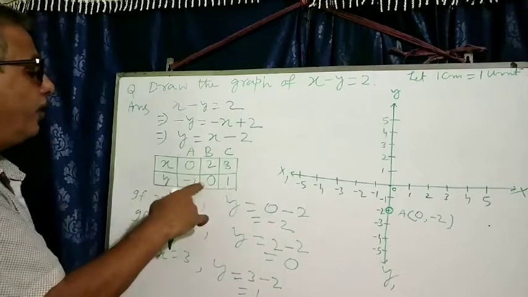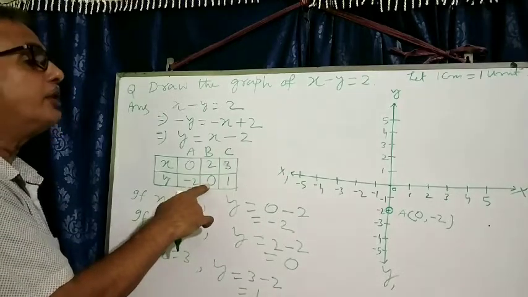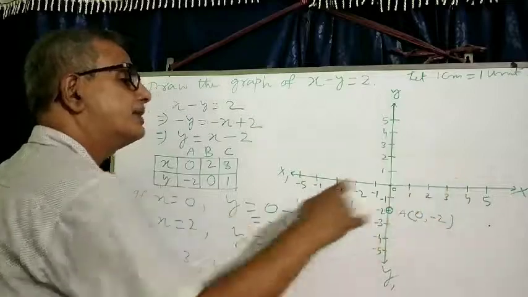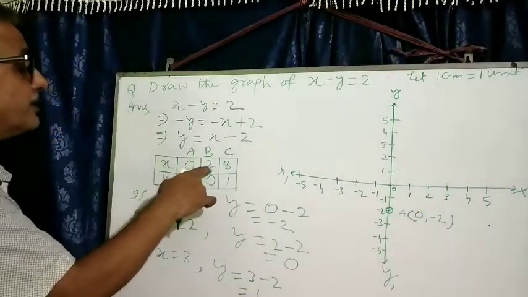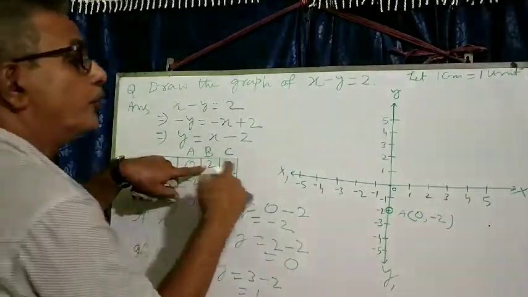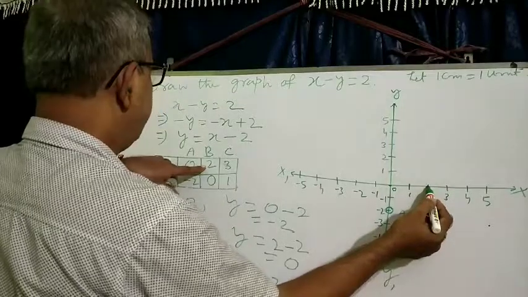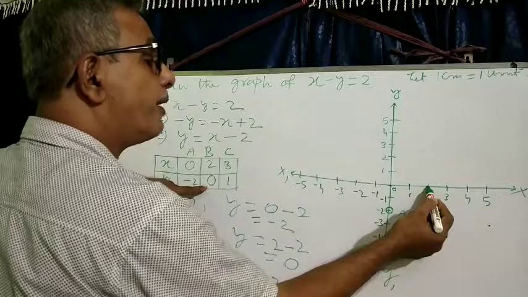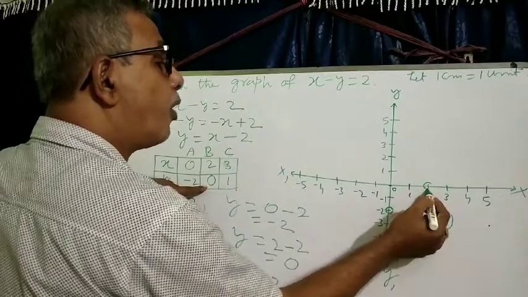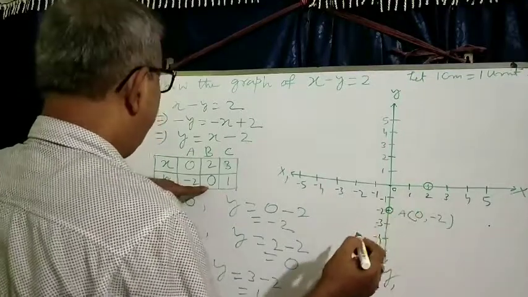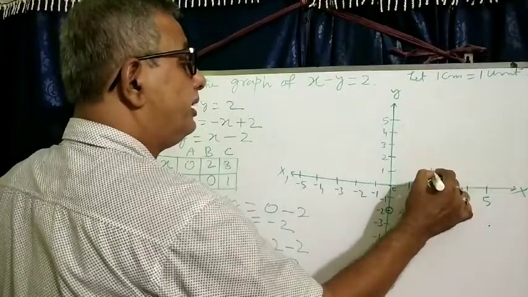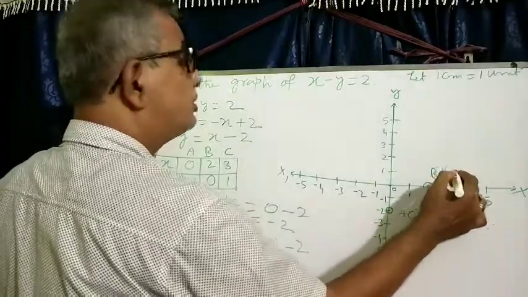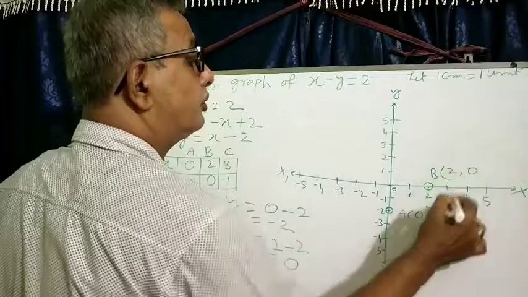So here the y coordinate is 0, so the point will be on the x axis. Where should it be? The x coordinate is 2, so I am writing here 2. And the y coordinate is 0, so neither do you have to move up nor down. This point is like that. Here point B, that is 2 and 0.